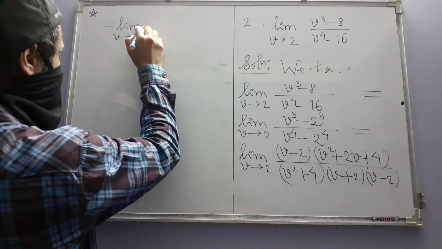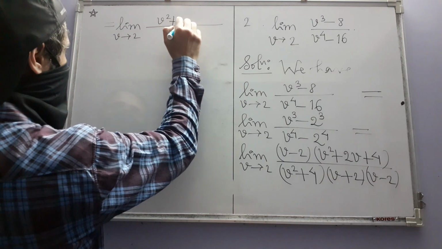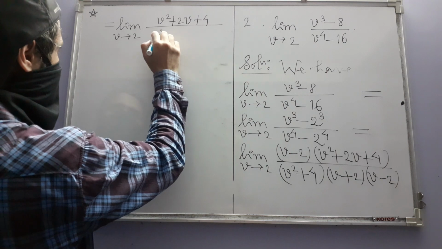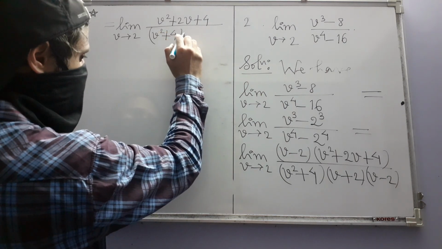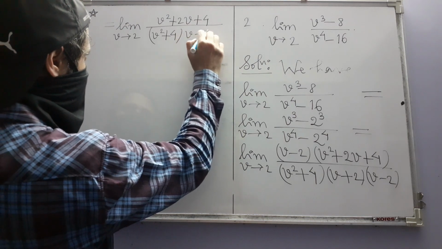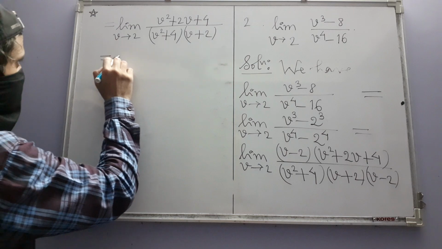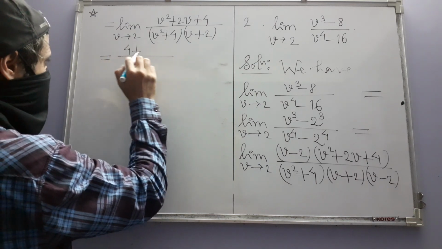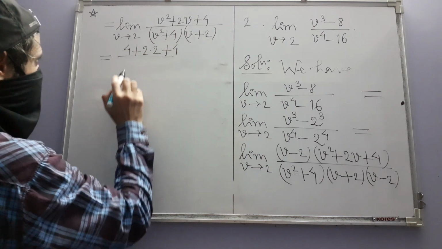Now after cancelling the common factor, we are left with v square plus 2v plus 4 over v square plus 4 times v plus 2. Now what will the limit be? Let me just first write what we will get if we substitute 2 for v.